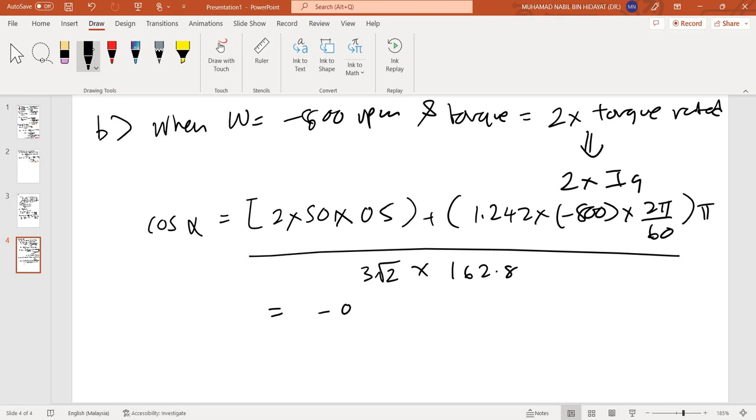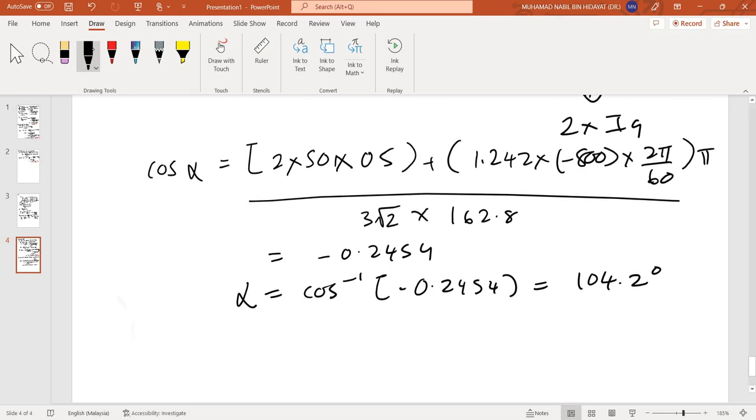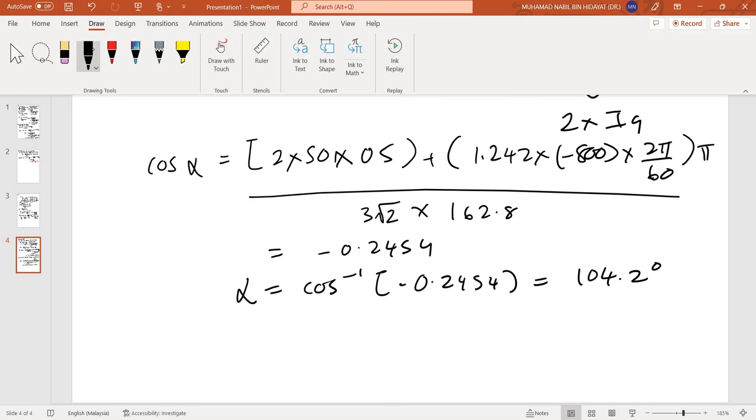So it's 0.2454. So alpha is inverse cos 0.2454. We get 104.2 degrees.